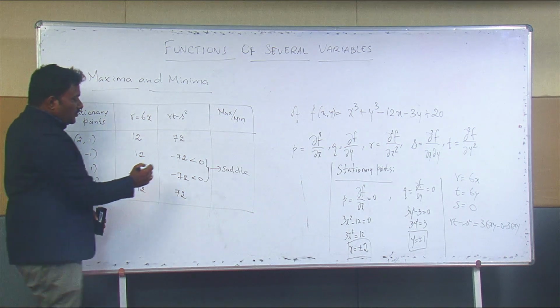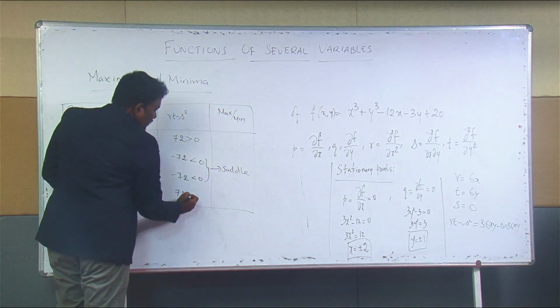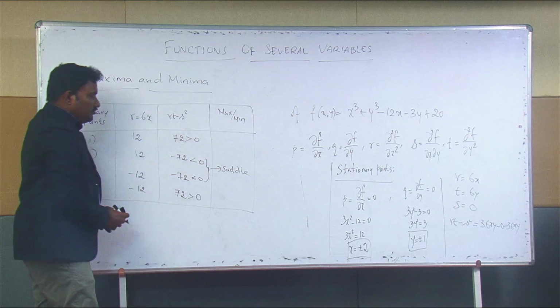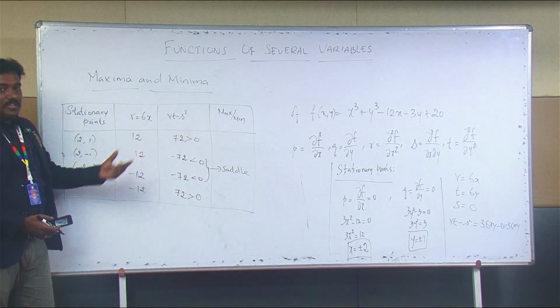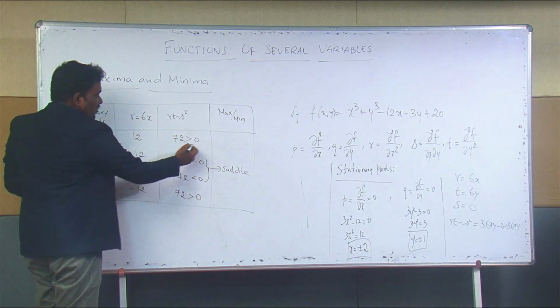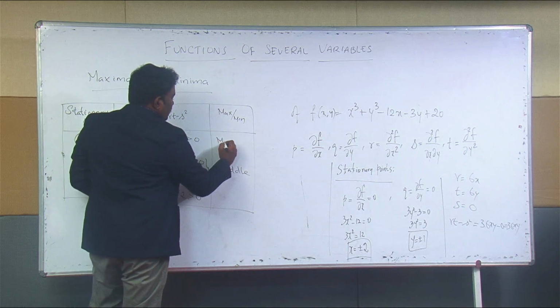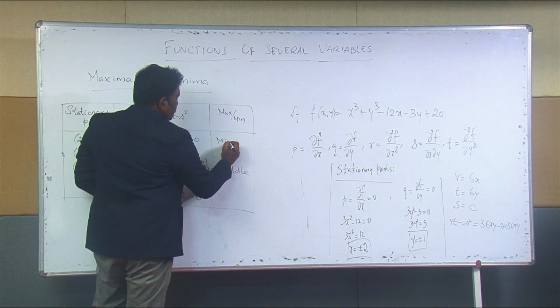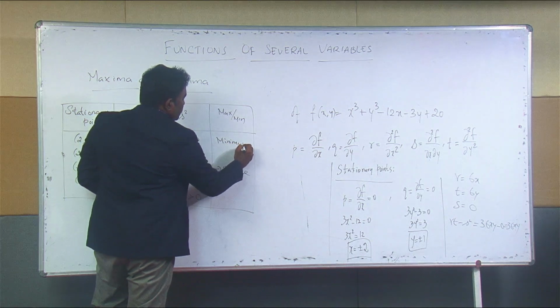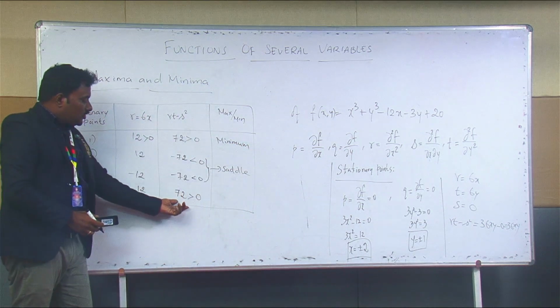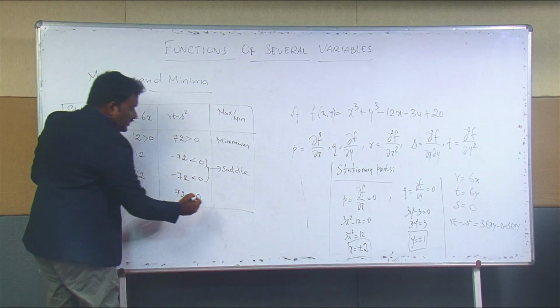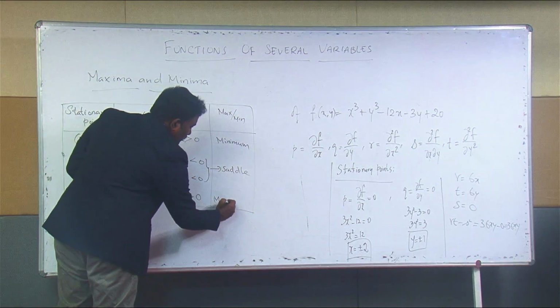Whenever it is positive, greater than 0, we can take a decision of whether it is minimum or maximum, depending on the r value. So if it is greater than 0 and if r is also greater than 0, then this is called a minimum. And whenever this is positive and r is negative, it is called a maximum.